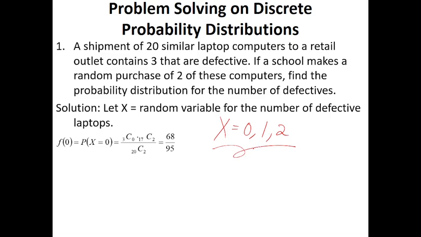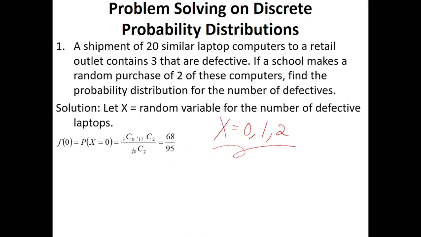Ang next na gagawin natin ay hanapin natin yung probability na yung random variable na yon ay equal sa specific value ng random variable. So ibig sabihin niyan, kunin natin yung f of 0, f of 1, and f of 2. So pag sinabi natin f of 0, that is probability that the random variable x is equal to 0. And that is equals to what?